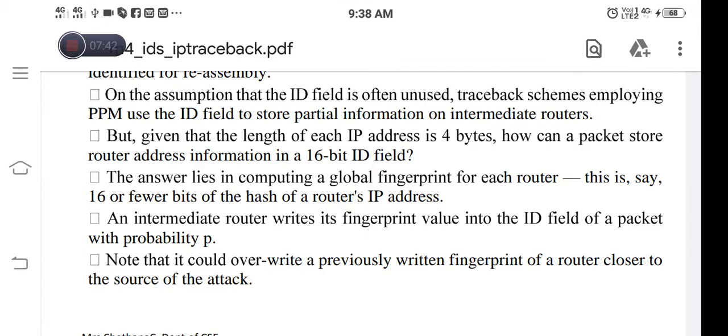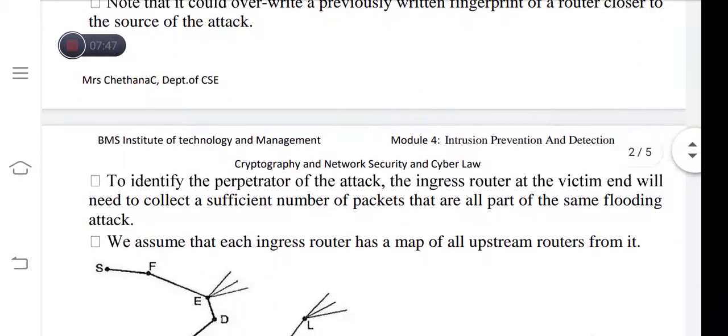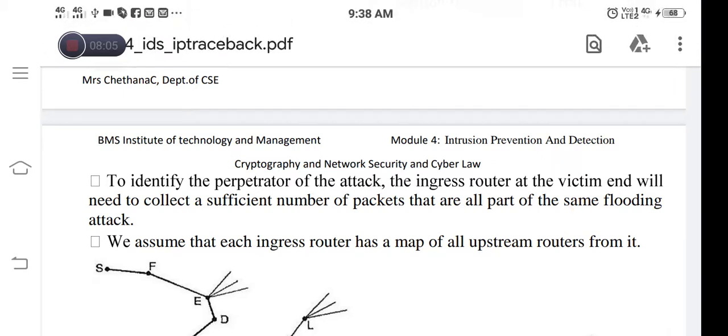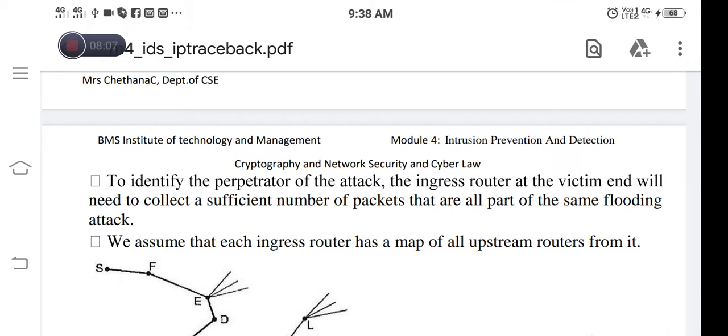That is one possibility here. Now, to identify the perpetrator of the attack, the ingress router at the victim end will need to collect a sufficient number of packets that are all part of the same flooding attack. It has to keep track of all these packets that are part of the same flooding attack.